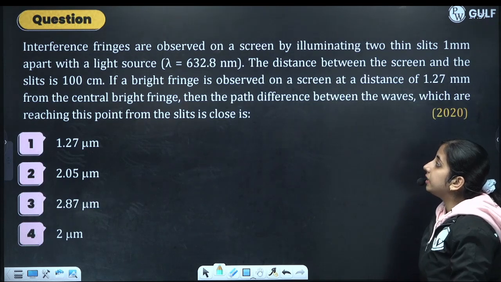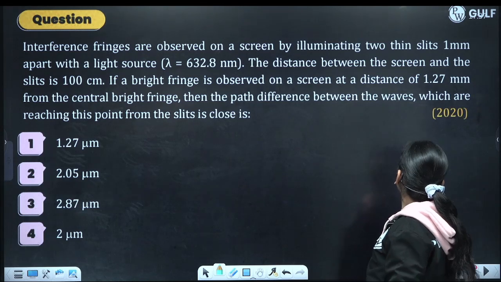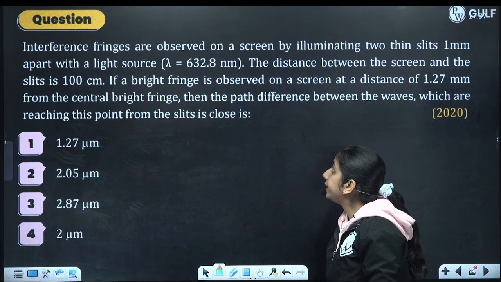See next. Interference fringes are observed on a screen by illuminating two thin slits 1 millimeter apart with the light source of 632.8 nanometers.